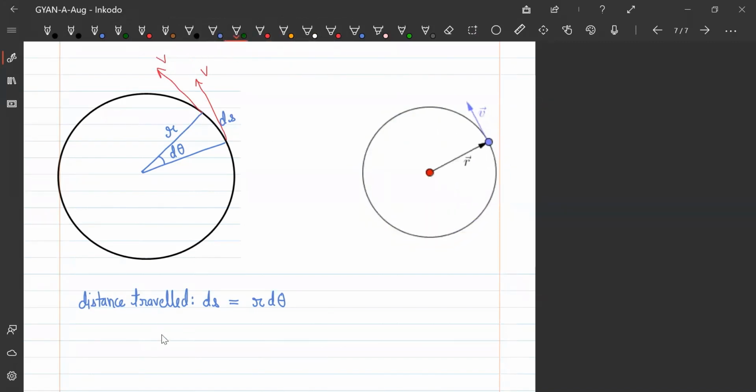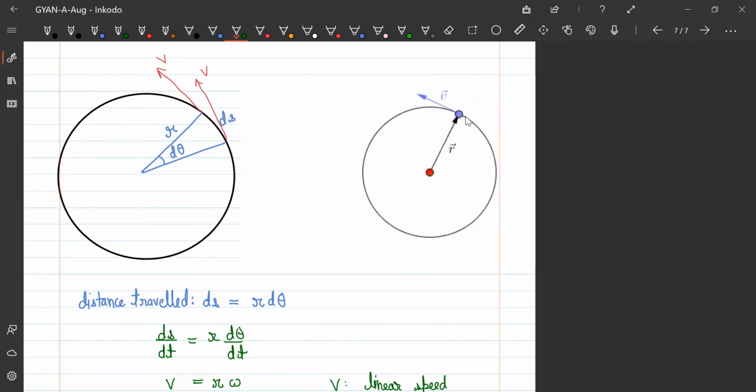If I divide both of these by dt, ds by dt and the other side also by dt. See, d theta by dt gives you omega. And what is ds by dt? ds by dt is how much length it has traveled in time dt, so that is v, the linear speed.